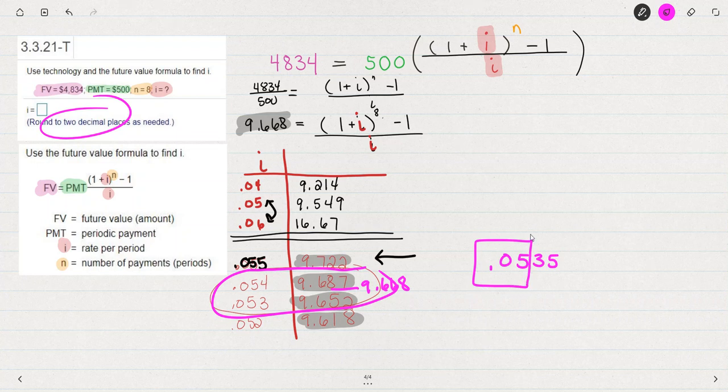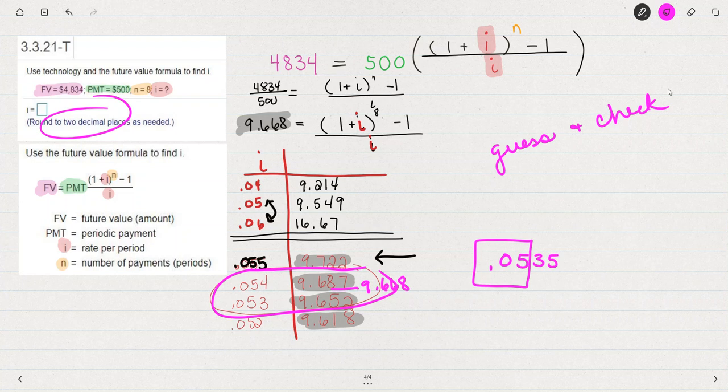I know this process isn't maybe something you're familiar with using. It's a guess and check process that you can sometimes use rather than having a financial calculator. And by the way, those of you who go into a finance type of a career, there is a calculator that will do this for you also.